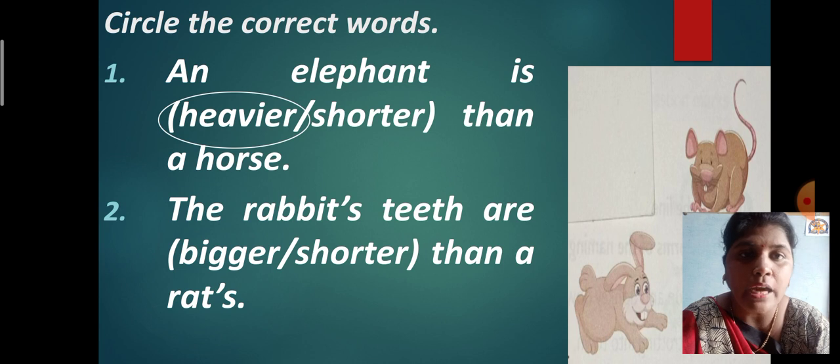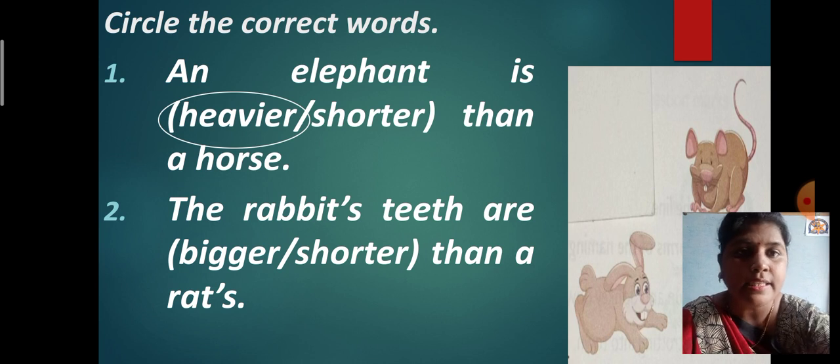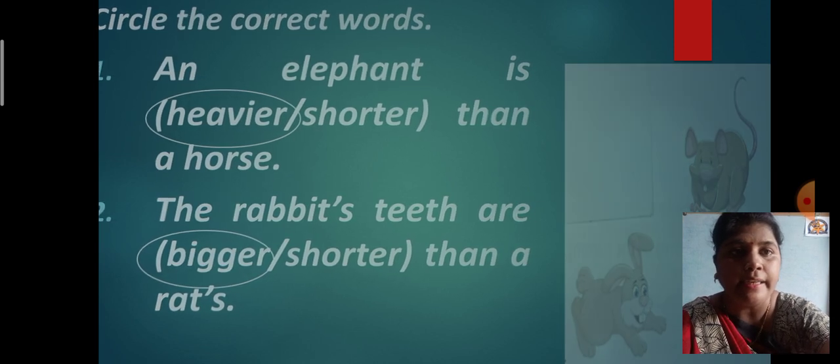Now number 2: the rabbit's teeth are bigger or shorter than a rat's. See the picture of the rabbit and rat. The rabbit's teeth are obviously bigger than a rat's teeth. So let us circle the word bigger. In this way you have to solve this exercise. Let us see the next.